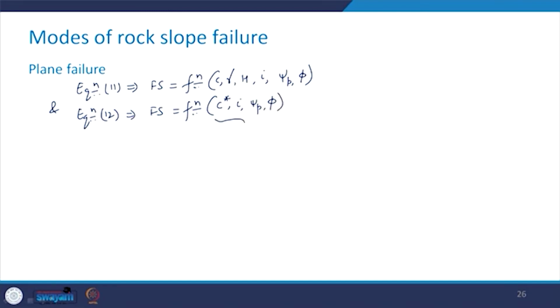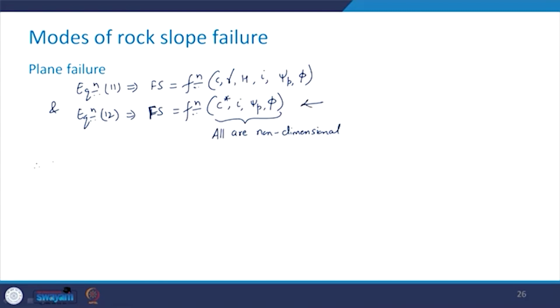And all these 4 quantities are non-dimensional. So, we do not need to worry about what is the value of gamma h once we represent the equation for factor of safety in this manner.